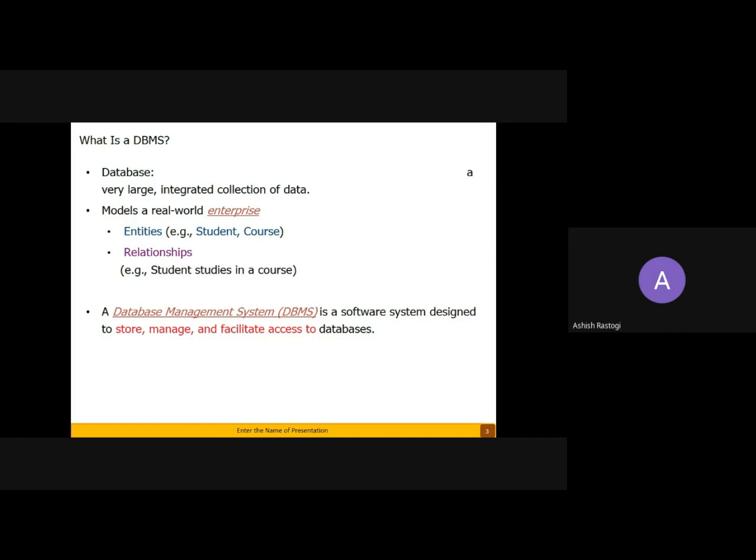So, interconnected data. One more thing is that it is very large. Why is it very large? Because it is like a server. It has a collection of data coming from different sources, right? So that is called an integrated collection of data. Integrated collection of data means data is coming from different sources. Maybe these sources are homogeneous or heterogeneous. What is meant by homogeneous and heterogeneous?